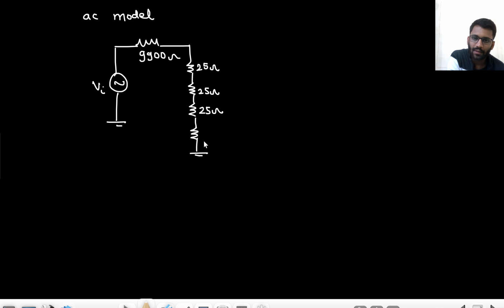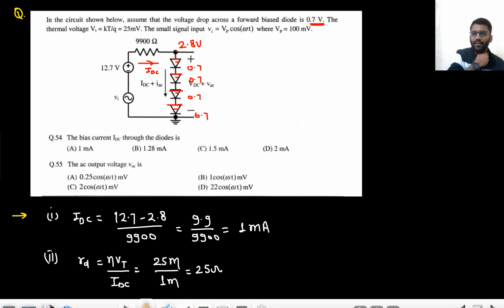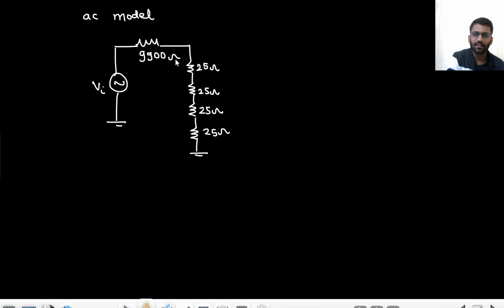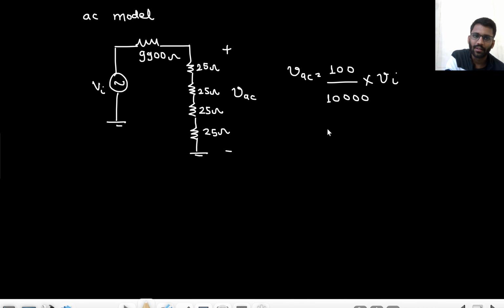Total 100 ohm resistance is there and I need to find the equivalent VAC. What is my VAC? That is 100 by 10,000 into V in, that will be V in by 100. That is my VAC.